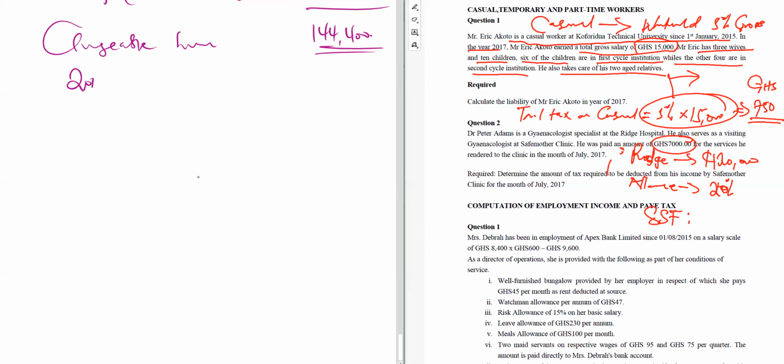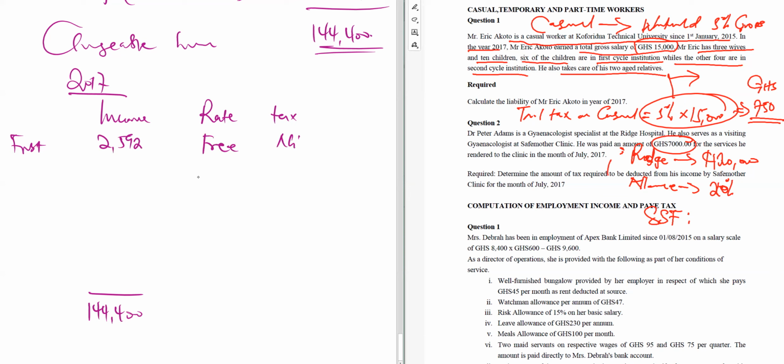So this was 2017. The 2017 rates, we already wrote them in our first question. So income, rate, and then tax, right? So what was the income itself? Let's put the income somewhere down here: 144,400. Out of the 144,400, we know that the first 2,592, I'm using the 2017 rate, is free, meaning nil also, okay?